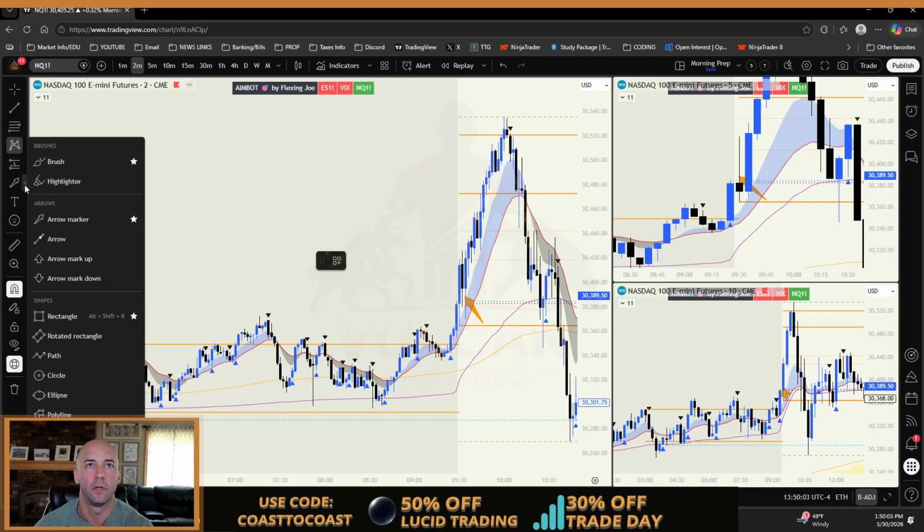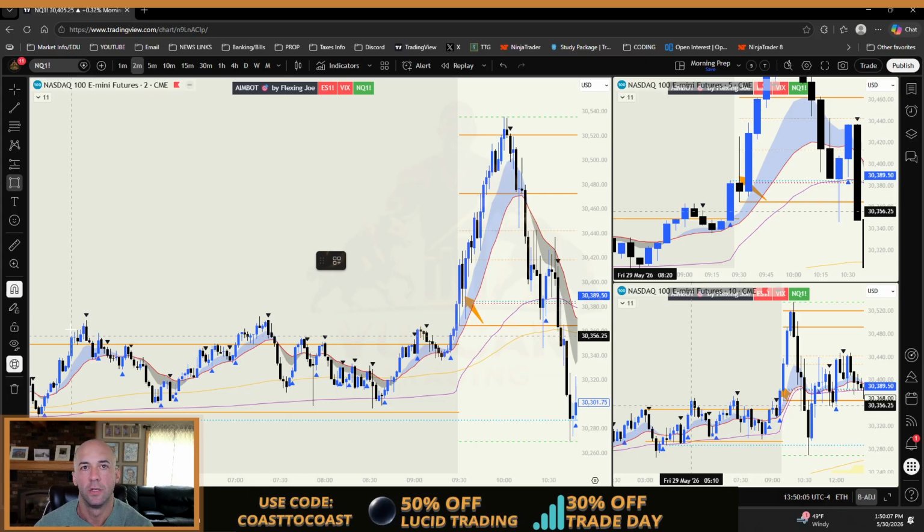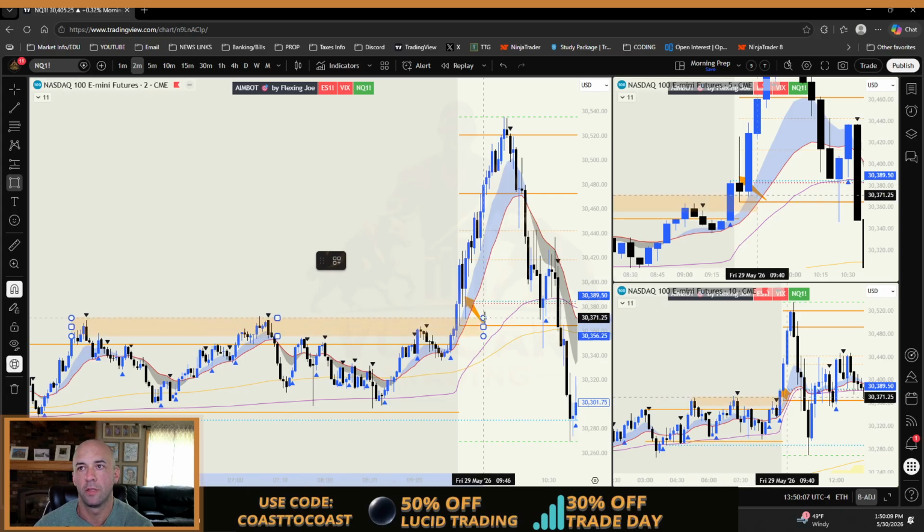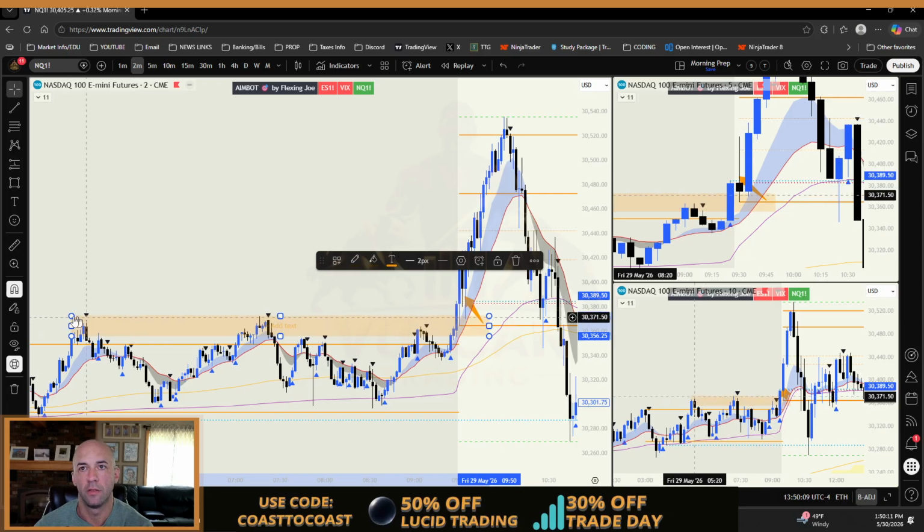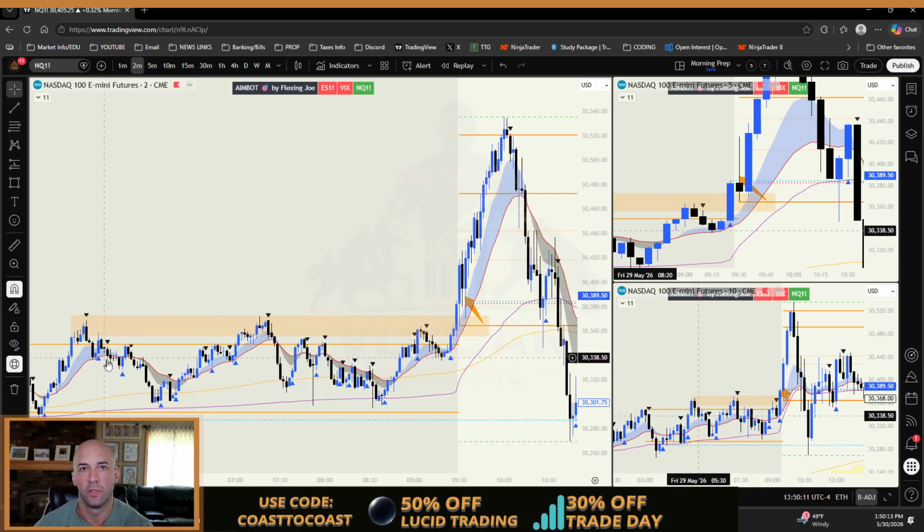I don't want ABCD pattern, geometric shapes, rectangle. Okay. So in this whole area there was obviously a resistance zone, right? It pushes up, and they're just literally ranging it from just above the ORB high to the lower below, just above the lower high to the lower below. Pushes down to the lower below.